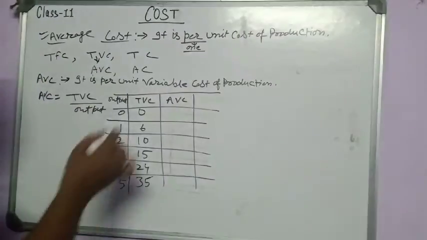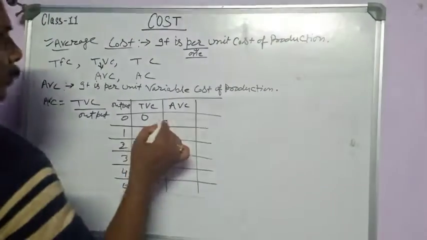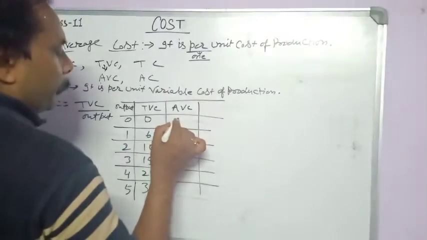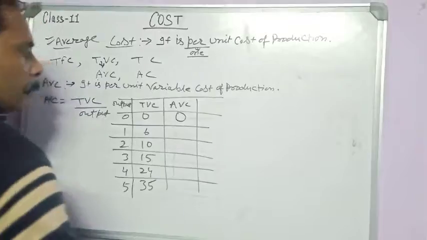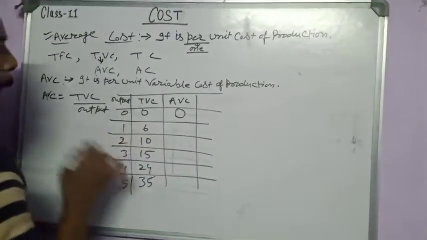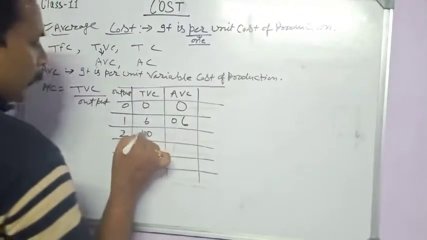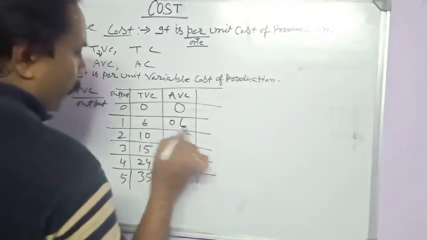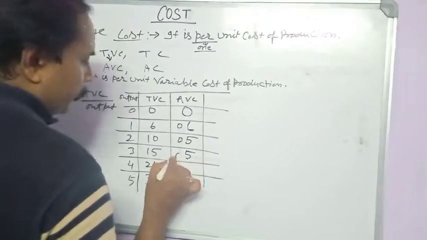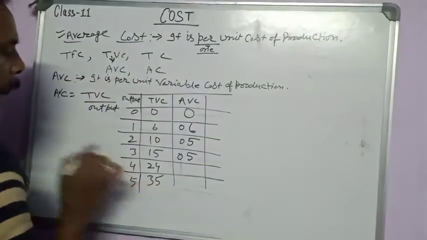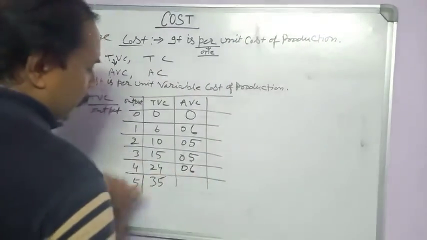Clear? So what will be the AVC? Here AVC will be 0. 6 divided by 1, that will be 6. 10 divided by 2, that is 5. 15 divided by 3, again it is 5. Next, 24 divided by 4, that is 6.